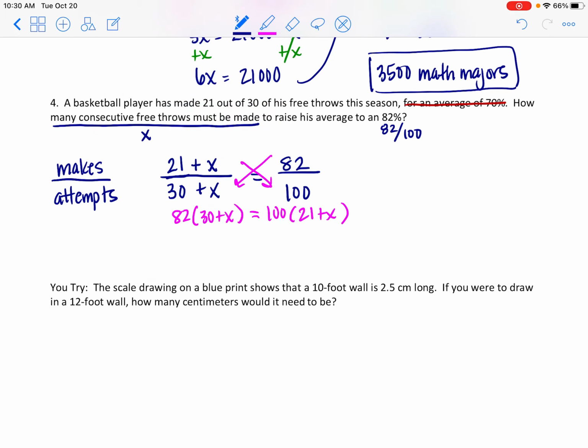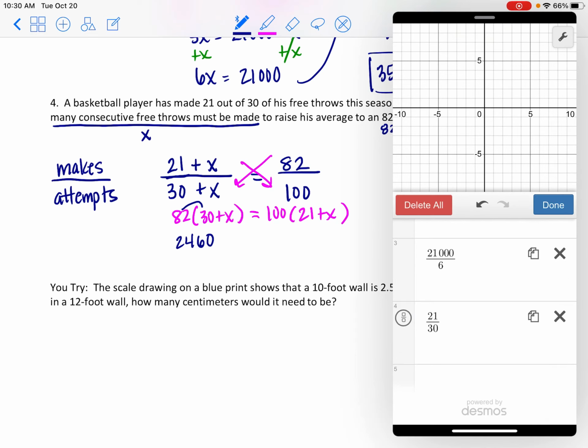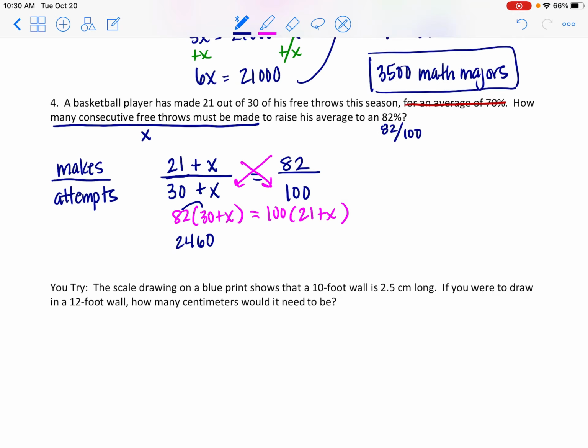Okay, so 82 times 30 is 2,460. Let's not do anything stupid here. Let's see, 82 times 30, 2,460, plus 82x equal to 2,100 plus 100x.